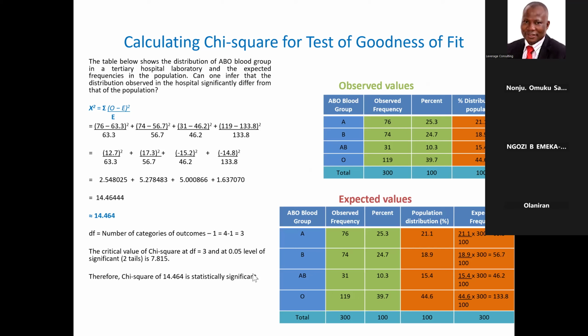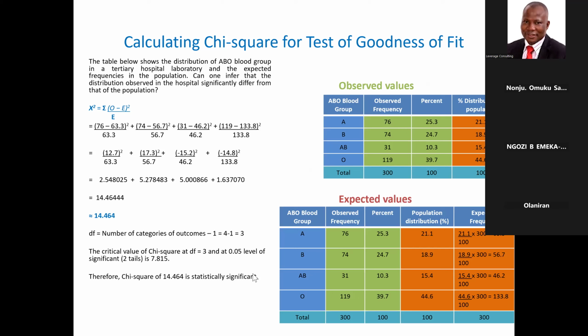So you cannot say rows minus 1 times columns minus 1. There are 4 categories, so 4 minus 1 gives you the degree of freedom, which is 3. The critical value for chi-square at degree of freedom 3 at the 0.05 level of significance is 7.815.